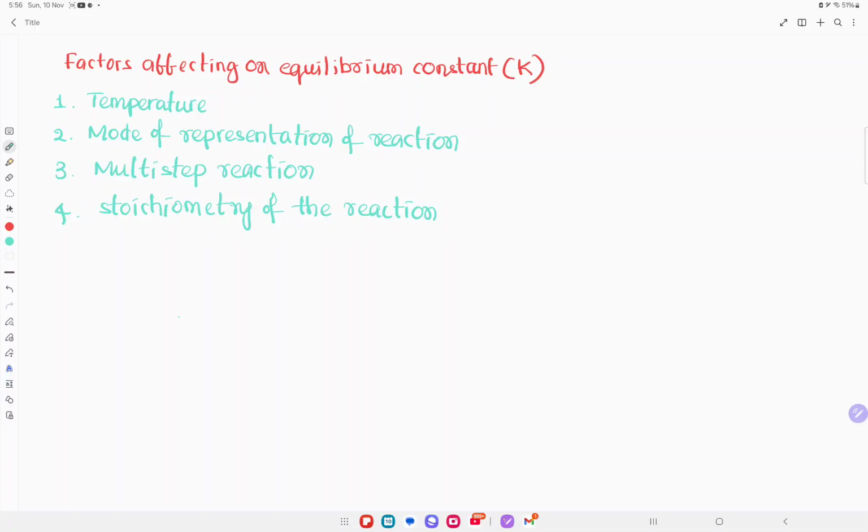Okay, I will explain one by one. First one, temperature effect on equilibrium constant.